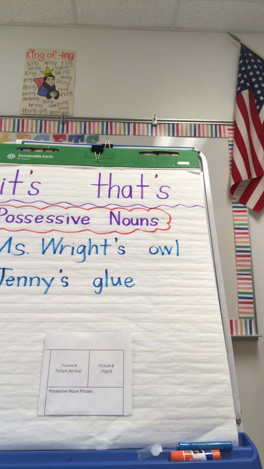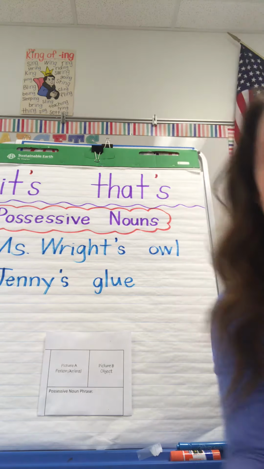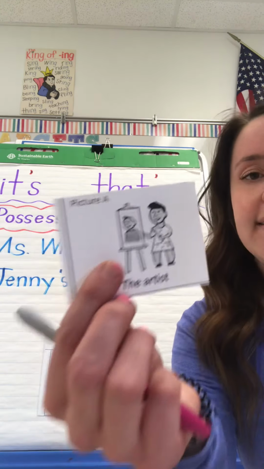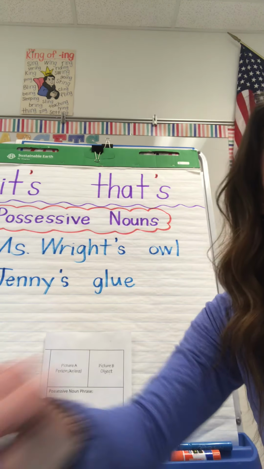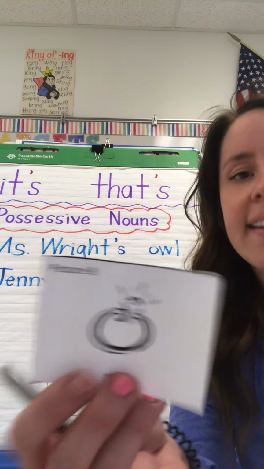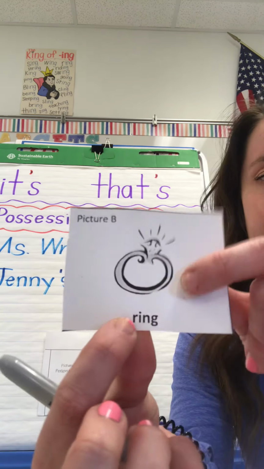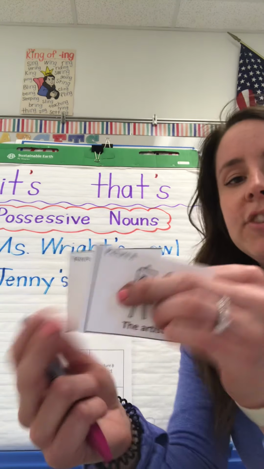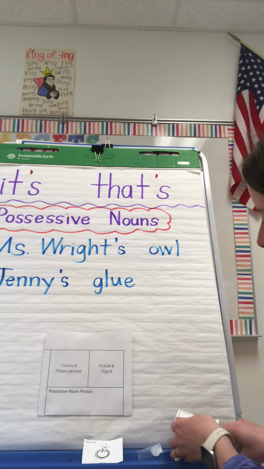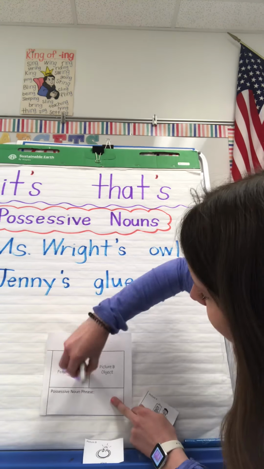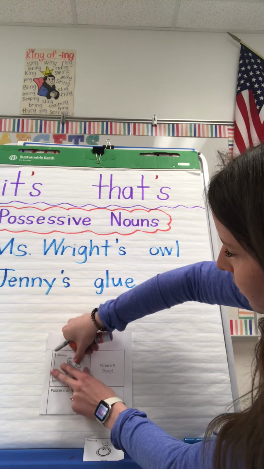So I'm going to go ahead and pick two cards. I'm going to pick a card that has the letter A on it, the artist. And then I'm also going to pick a picture that has the letter B on it. This is a ring. So what I have to do, my friends, is glue picture A right here where it tells me to.